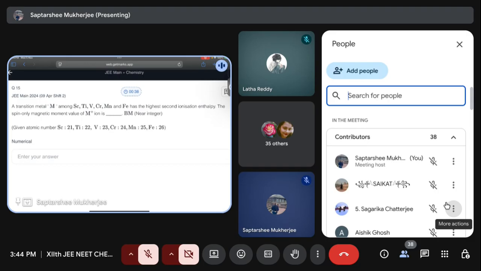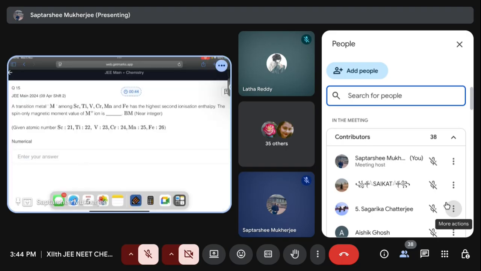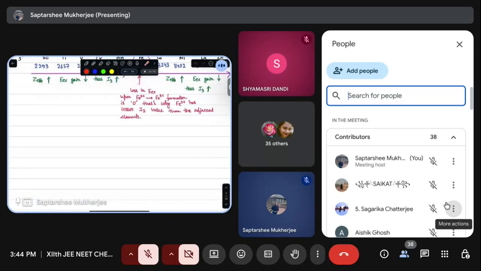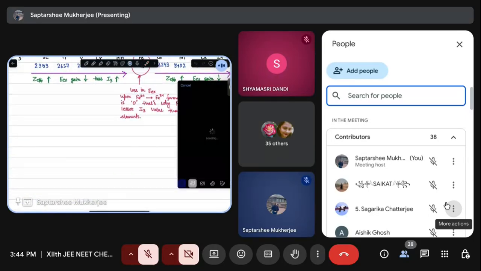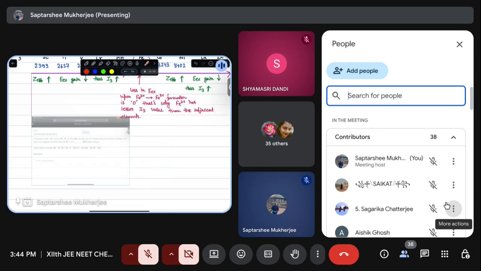How to do that? Just now we have done that. Without just going for a random guess, we have to draw the configuration.